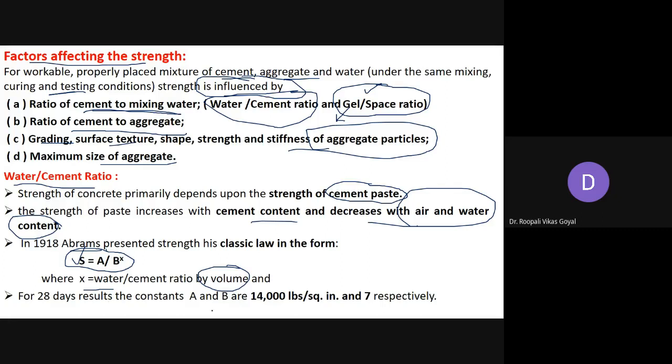Now this A and B are constants, and for 28 days results, they are given as 14,000 pounds per square inch and 7 respectively by Abrams. So here these are constants.